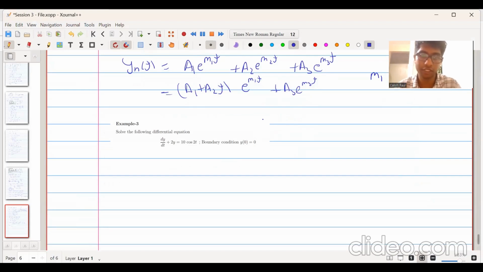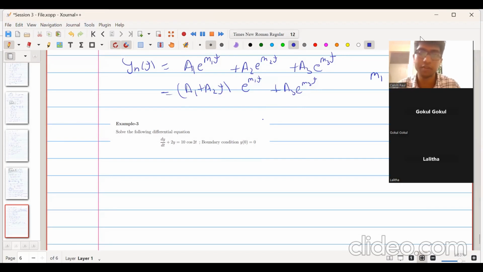So this is the differential equation. Now we will try to find the characteristic equation of this differential equation. It is dy upon dt plus 2y equal to 10 cos 2t, so 10 cos 2t is the forcing function. The characteristic equation is D plus 2 equal to 0, so D is minus 2.